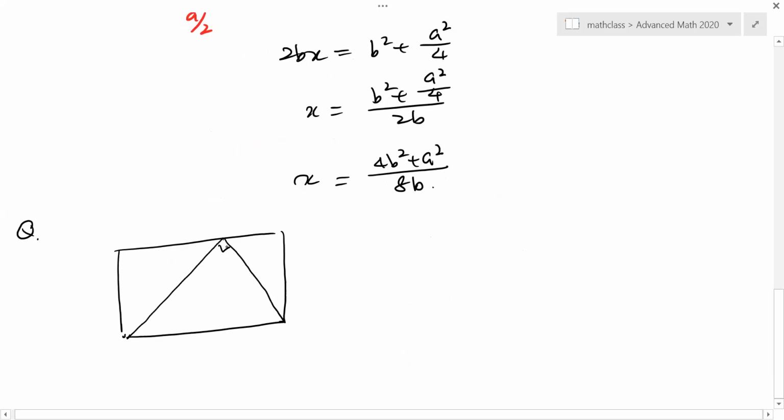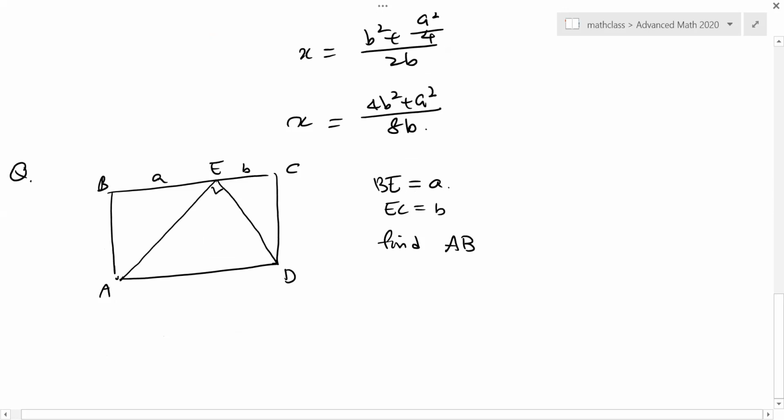And here are A, B, C, D. What I'm given here is BE equals a, EC equals b, and I want to find AB, expressed in terms of little a and b.